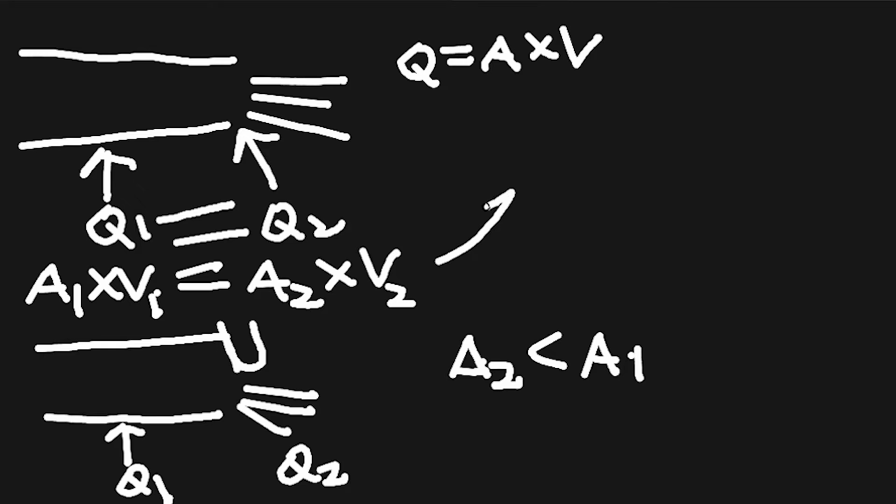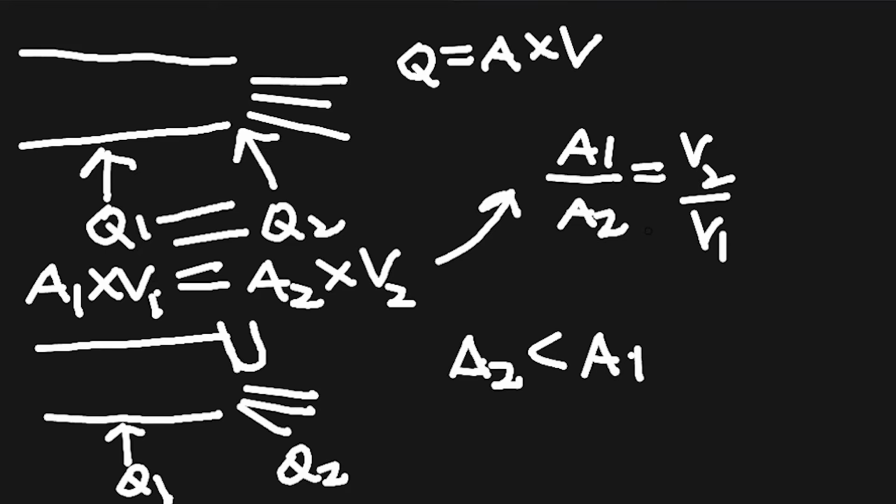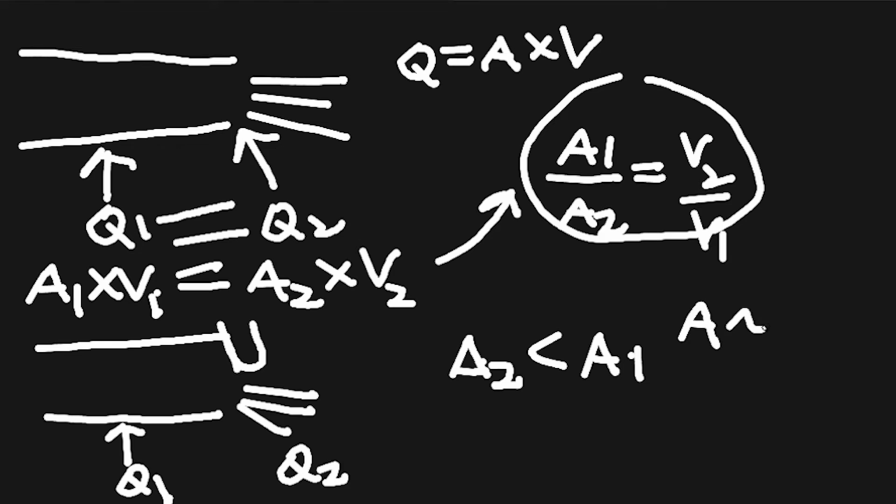We can change this equation into A1 over A2 equals V2 over V1. As we can see from this equation, if A2 is smaller than A1, then V2 will be bigger than V1. So this means that area is inversely proportional to velocity.